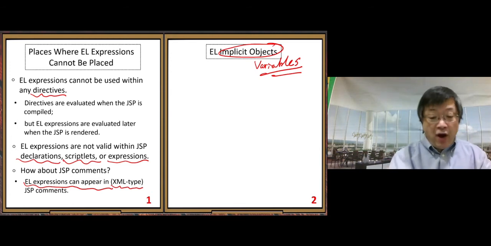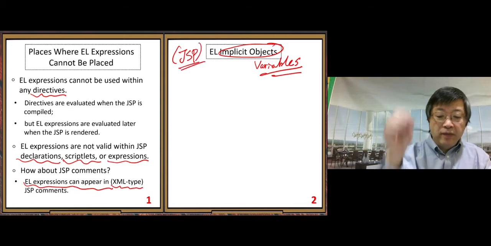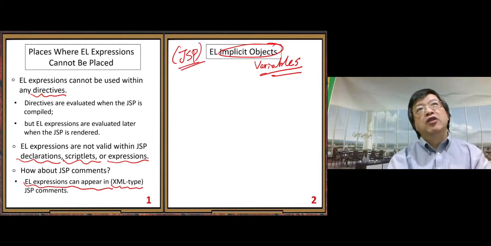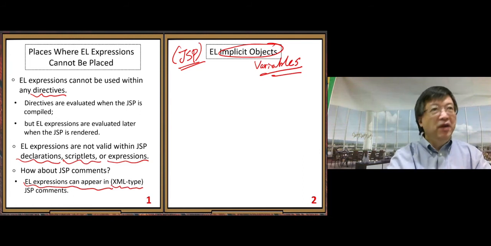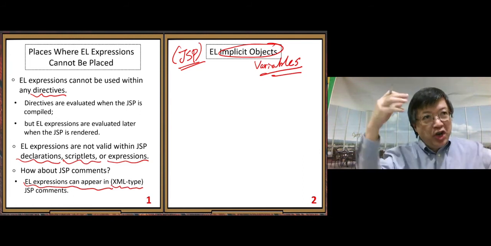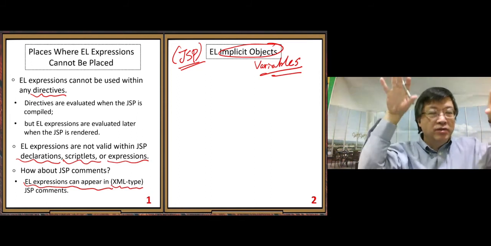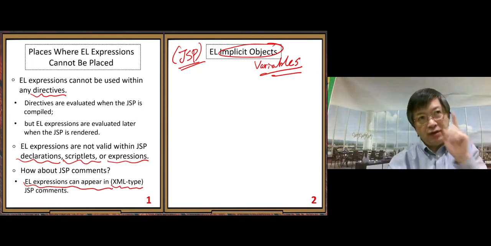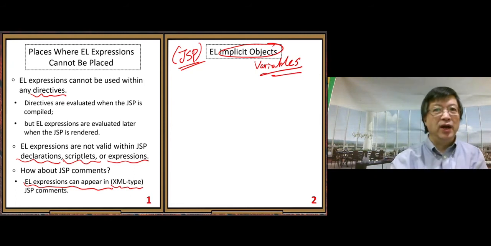It's different from JSP implicit objects. From the names, they are different. Only one name they share. Other than that, all the remaining implicit objects have different names, except just one.